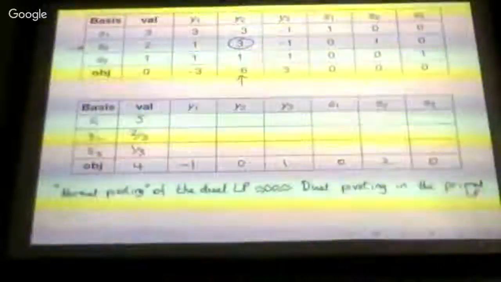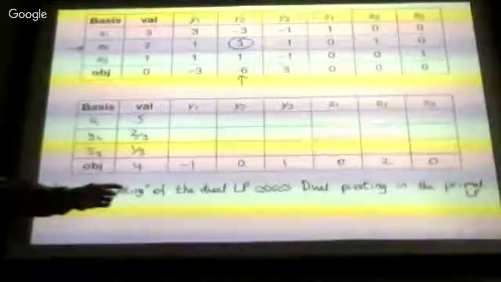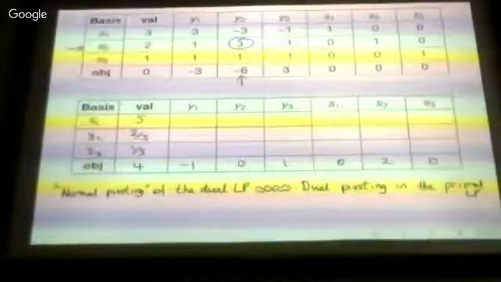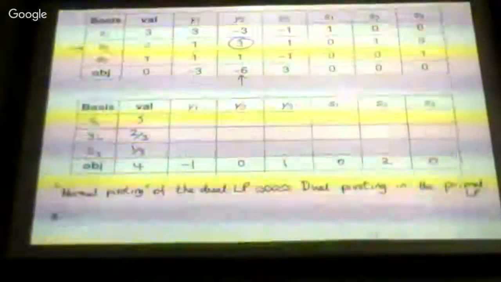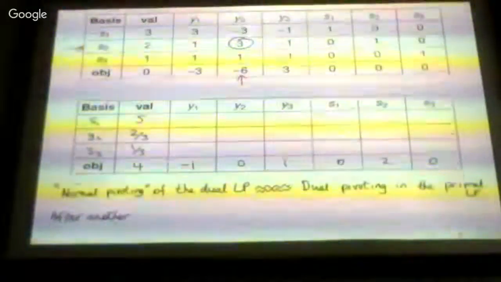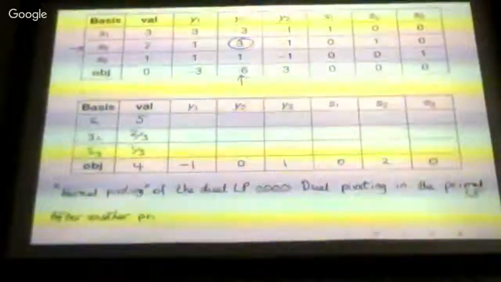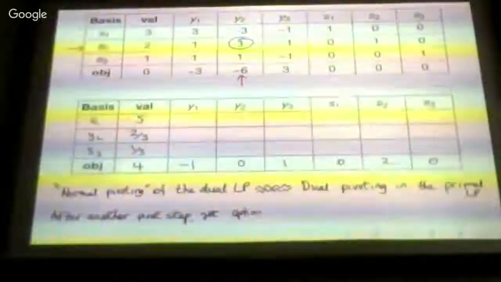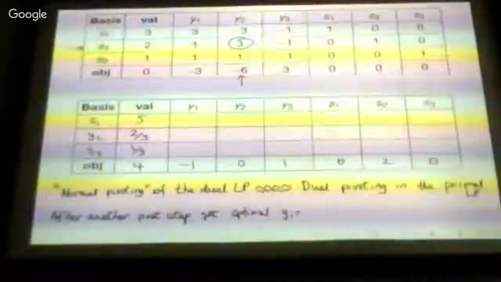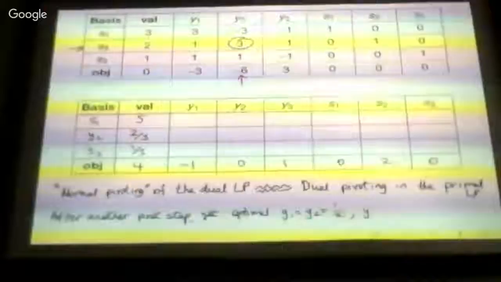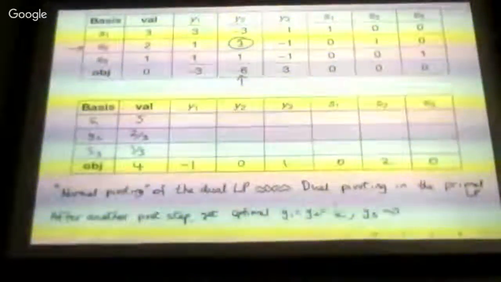Okay, so here we would need another pivot because there's still something negative there. So we would do another pivot step. We get the optimal y1 and y2 were 1/2, and y3 is 0.